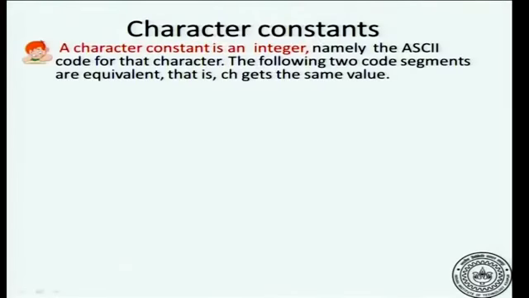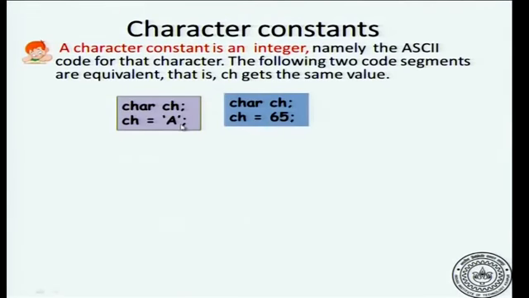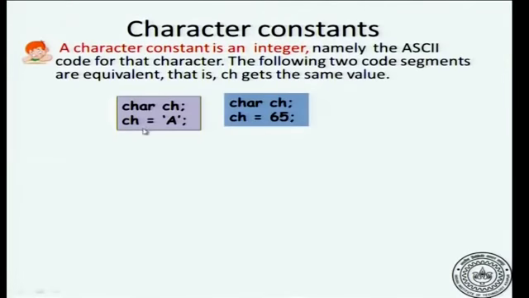Let's recall that a character constant is an integer, namely the ASCII code for that character. I'll emphasize this with a very strange code. I can declare char ch and say char ch equal to 'A' within single quotes.